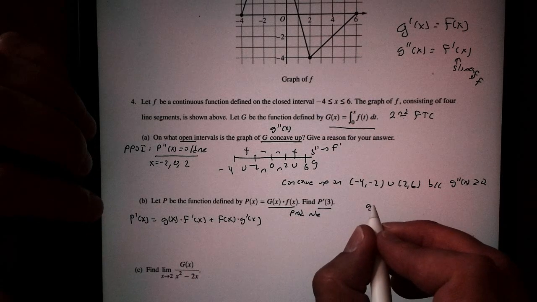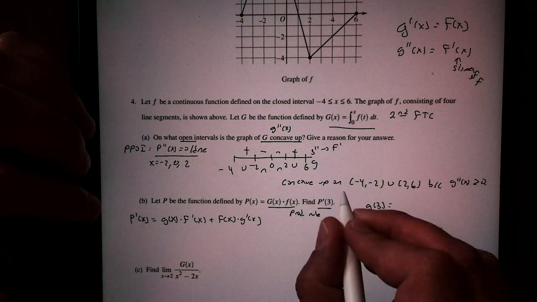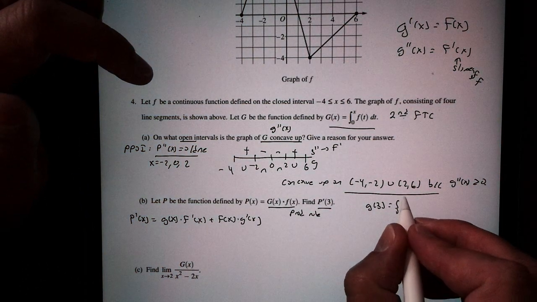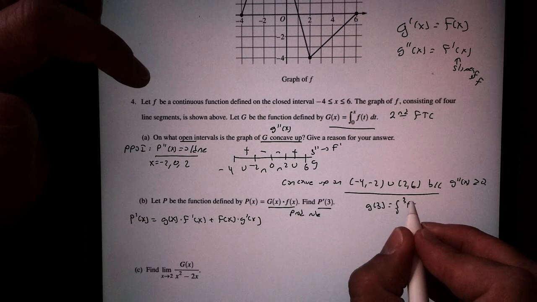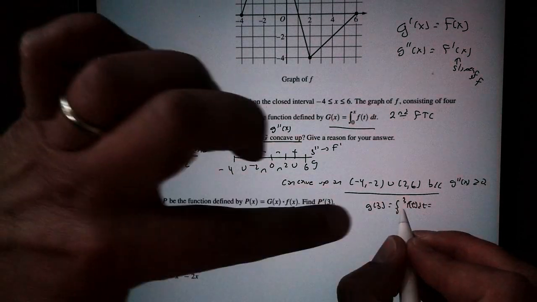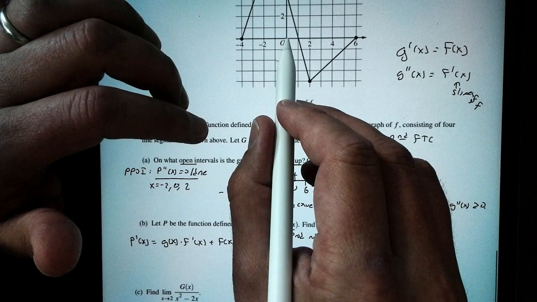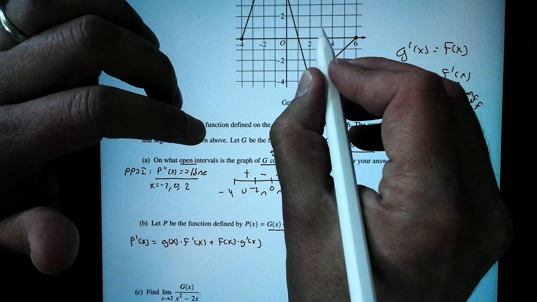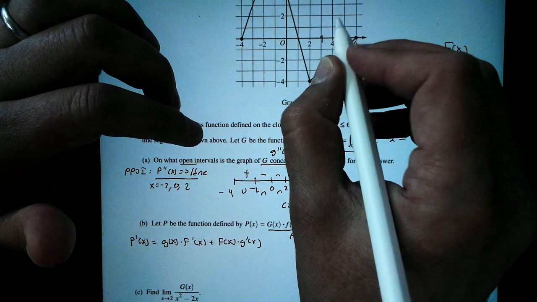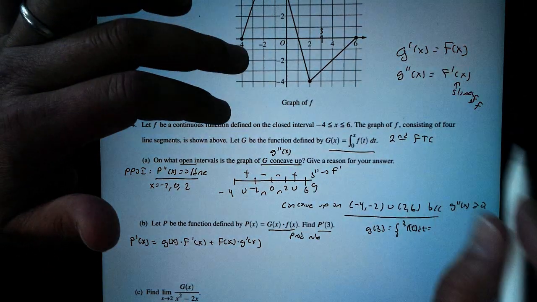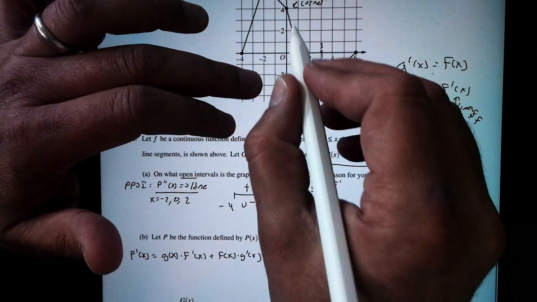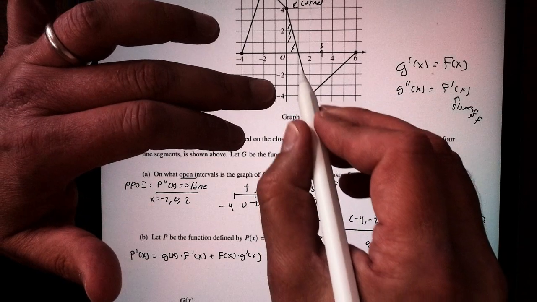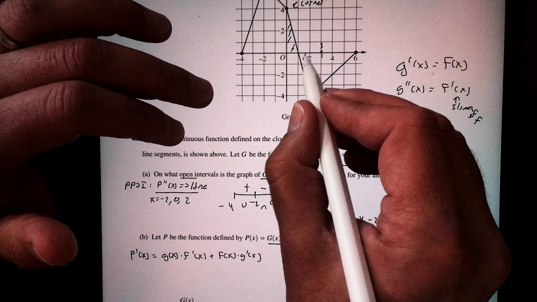First, let's go ahead and find g of 3. To get g of 3, we have to use our integral, 0 to 3 of f of t dt. So that's our area from 0 to 3. We want to find this area. There's 3. Now it's not as bad as it looks, because the areas between 0 and 1 and 2 kind of cancel each other out.